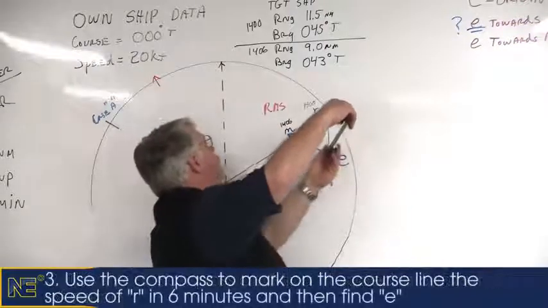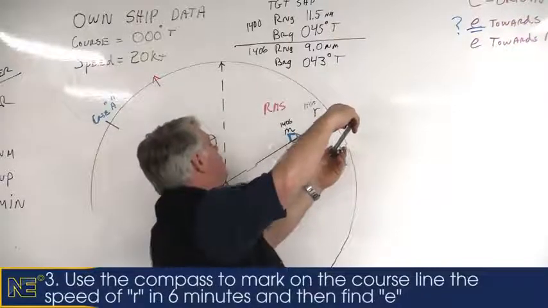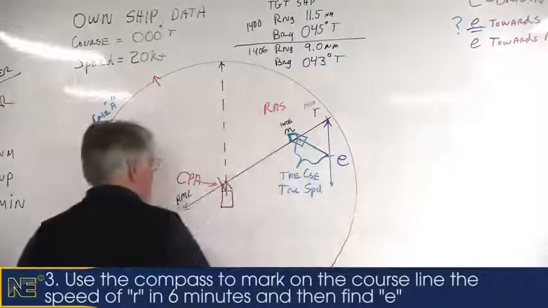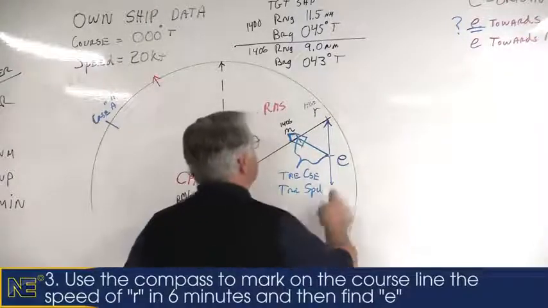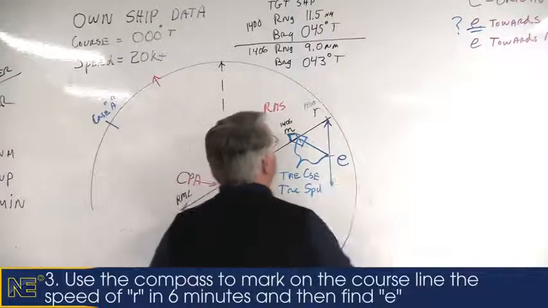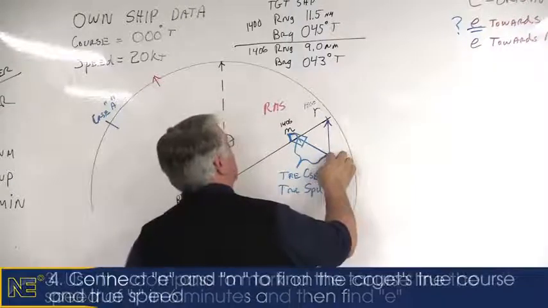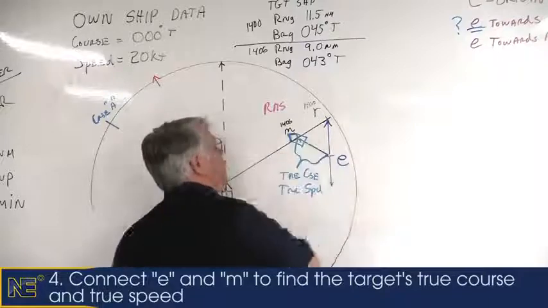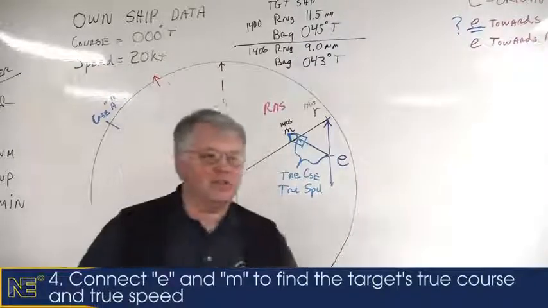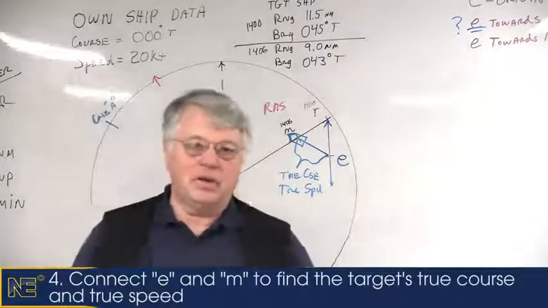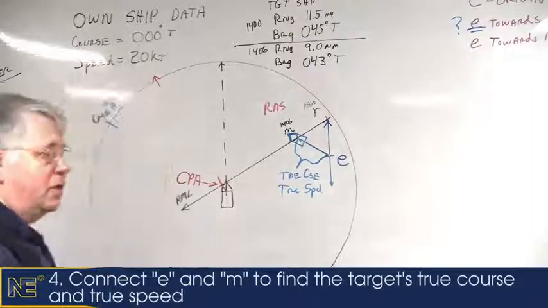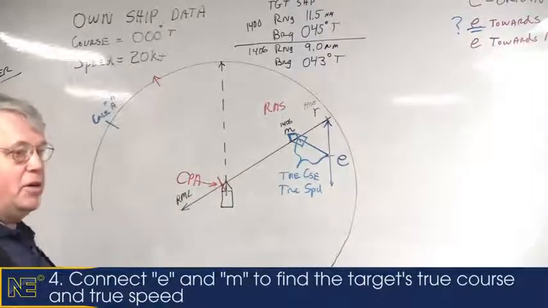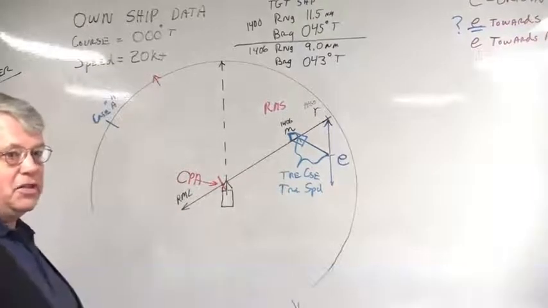I'm going to drop down from R and establish the position of E by making a mark. As always, I'm going to label that E, and then I simply measure the angle and the distance of the true motion vector between E and M. That will give us our target ship, true course, and true speed. All right, very good. We're going to go ahead and practice this now for a while.